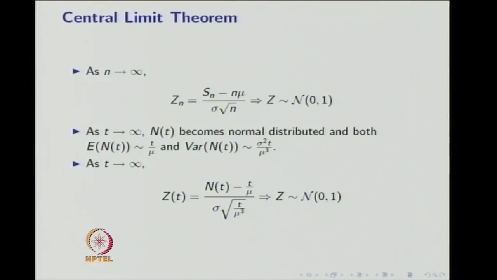As t tends to infinity, N(t), that counting process, which is a renewal process, becomes normally distributed with mean t divided by mu and variance sigma squared t divided by mu cubed, where mu is the mean of the interarrival time. As t tends to infinity, the random variable N(t) minus t by mu, divided by sigma times square root of t by mu cubed, will be normally distributed with mean 0 and variance 1. So this is also convergence in distribution.